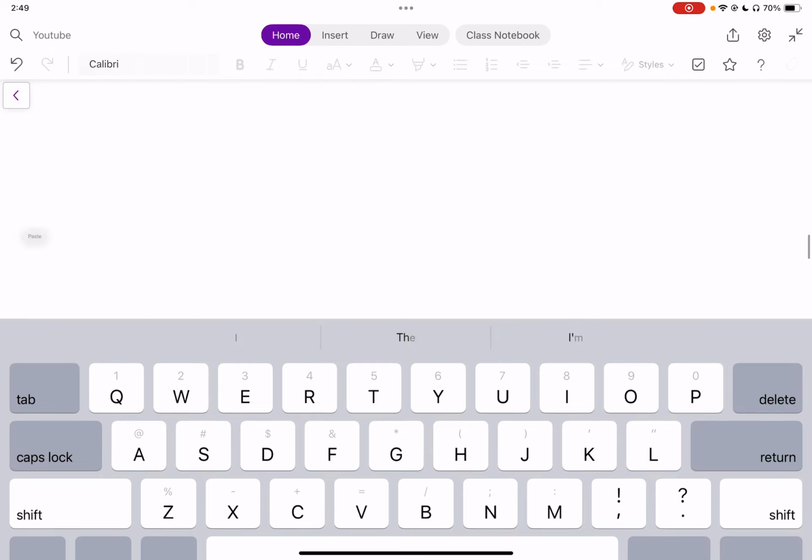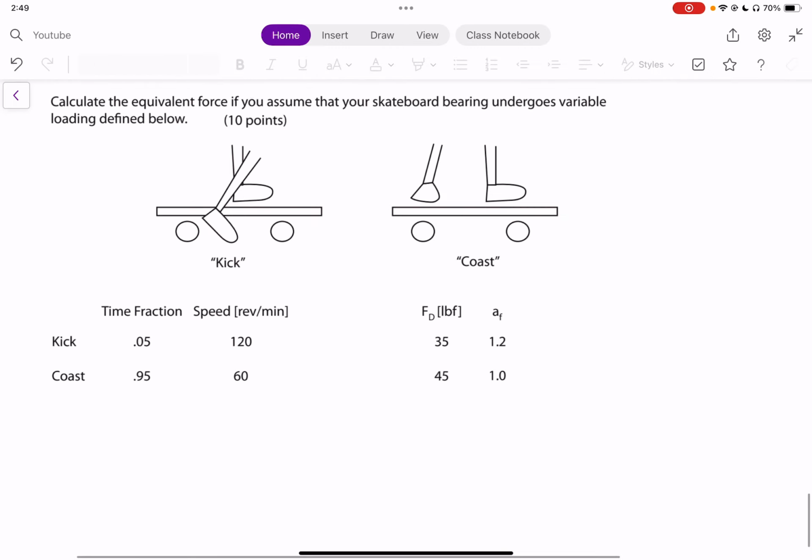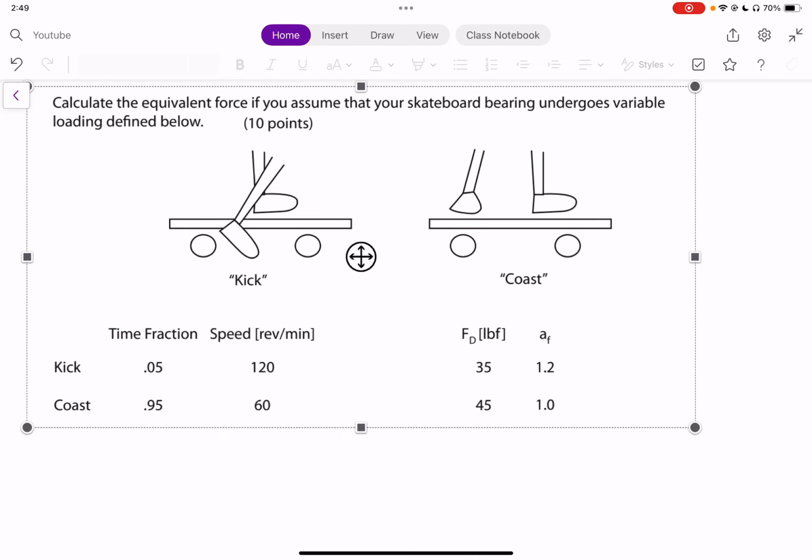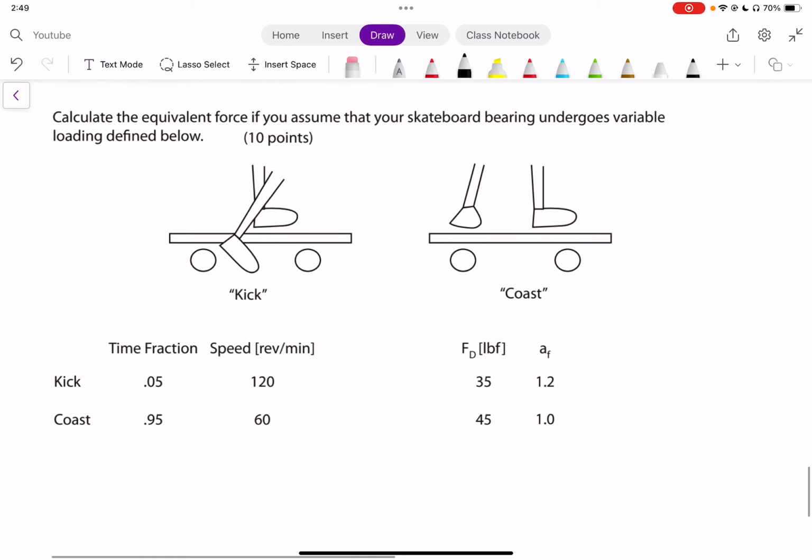So here we have a situation where a skateboard is going to be pushed in the kick phase and not pushed in the coast phase. And in the kick phase, there's a 0.05 time fraction, or 5% of the time is used during the kick phase, and we have an average speed of 120 RPM during that time on our bearings.